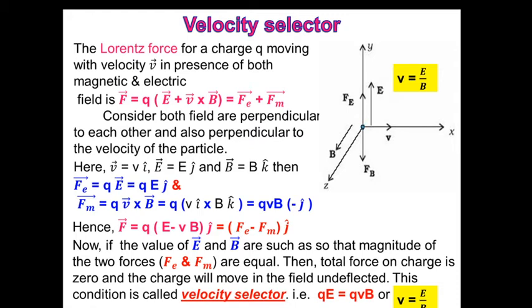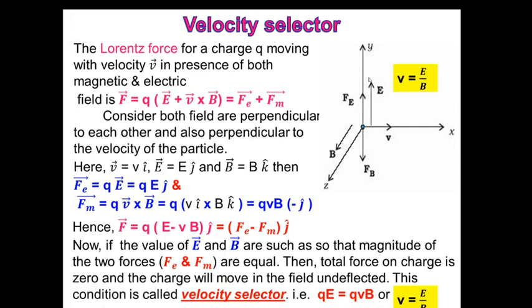Now velocity selector. Let us say the Lorentz force for a charge q moving with velocity v in the presence of both magnetic and electric fields will be the sum of the electric force and the magnetic force. Here we have taken motion along the x-axis, electric field along the y-axis, and magnetic field along the z-axis.